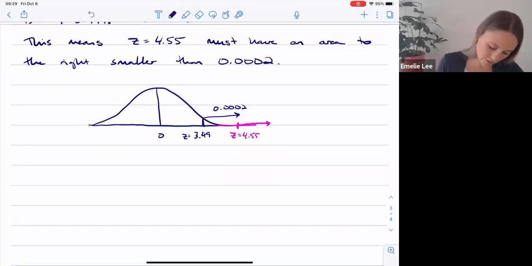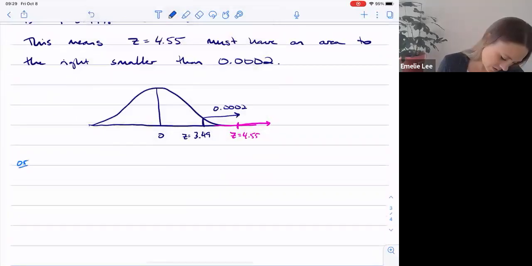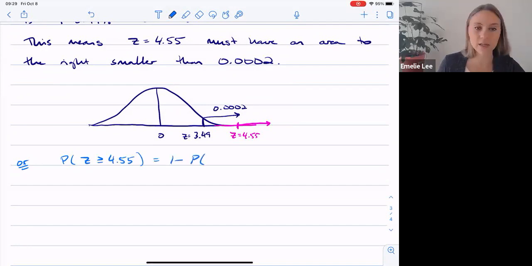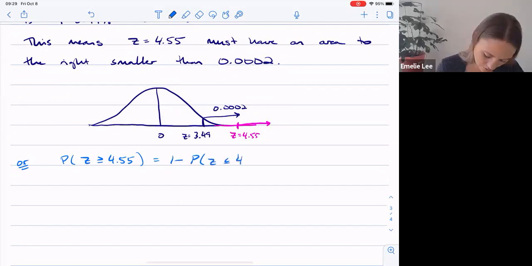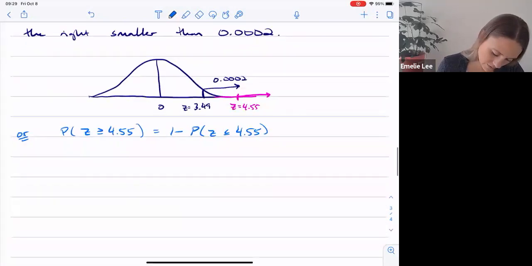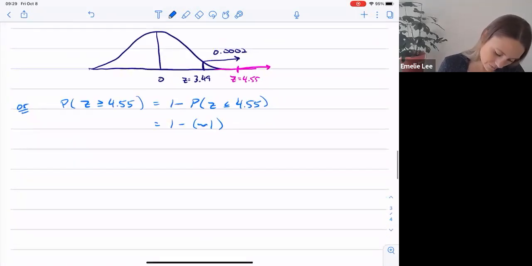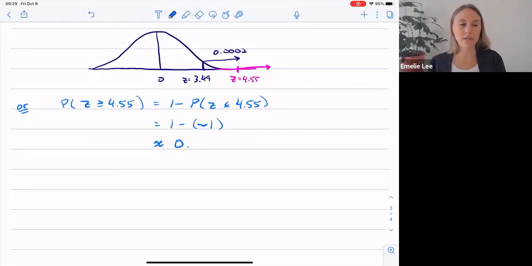So what we could say is the probability that Z is greater than or equal to 4.55 is 1 minus the probability of Z being less than or equal to 4.55, which is 1 minus approximately 1, which is approximately 0, right?